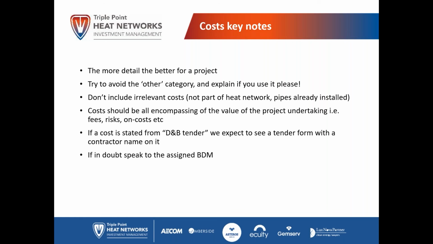Even things which may help with low carbon technologies aren't usually allowed as part of the heat network. So I'm thinking about PV panels. We're not here to fund PV panels, so they may be relevant and going on at the same time, but they wouldn't count.